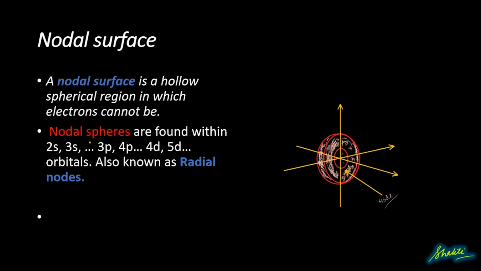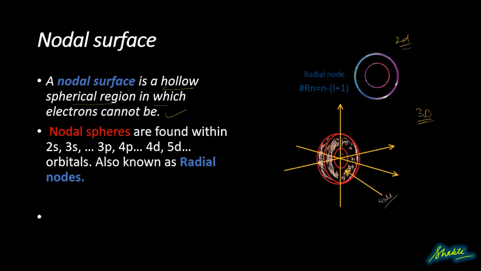And a nodal surface is a hollow sphere region in which electrons cannot be, and this is the sphere. The first shape which I showed you was a 2D shape, but this is a 3D shape, and it is basically a sphere. The nodal surface is a hollow spherical region in which electrons cannot be present.